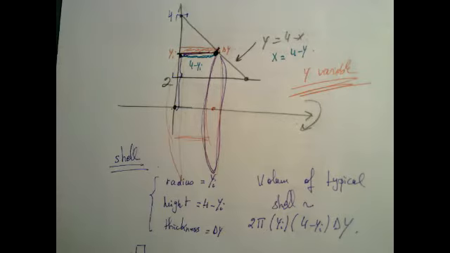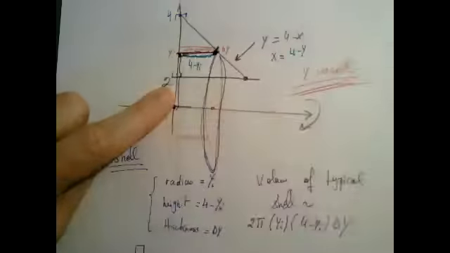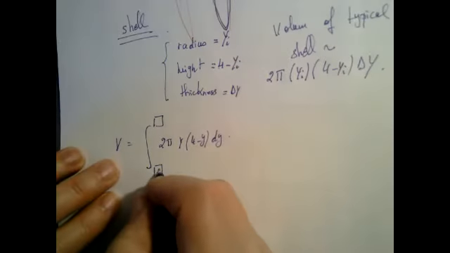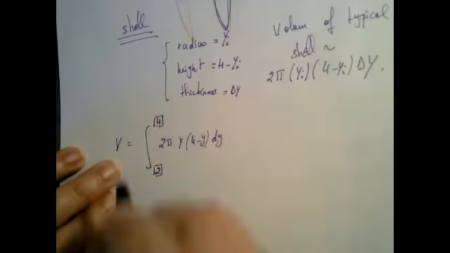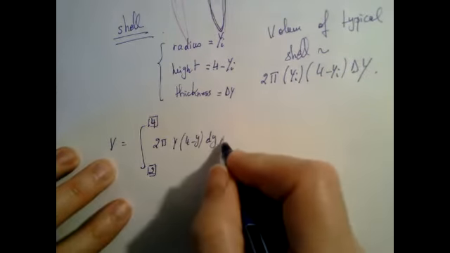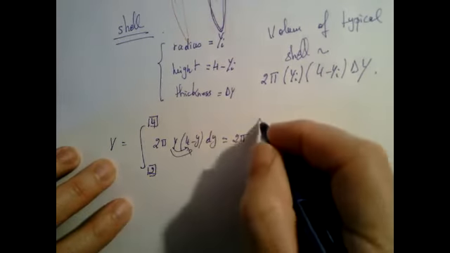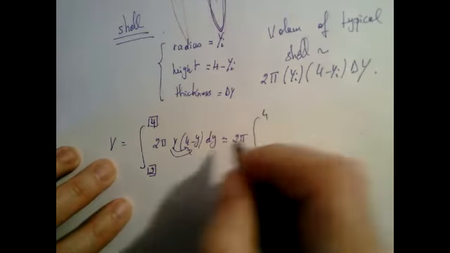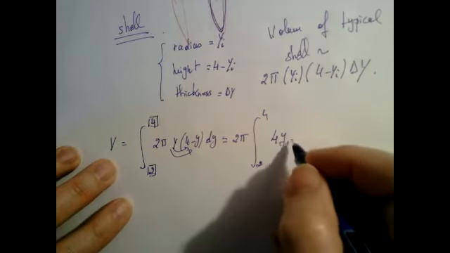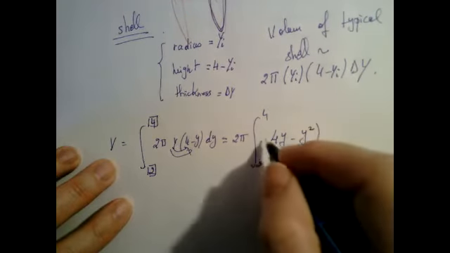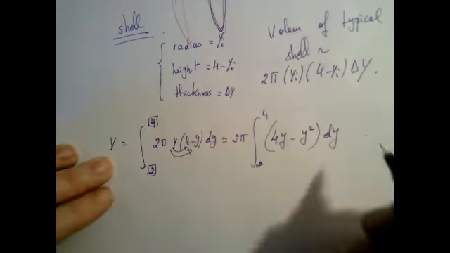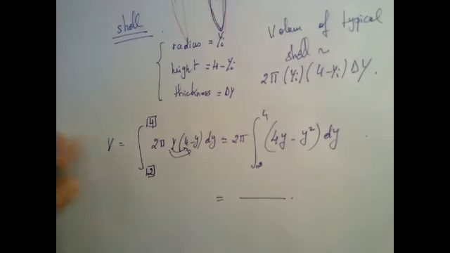It's so quiet. 2 to 4, absolutely. So that's the total setup. Now to evaluate, one way here is to distribute. And then the rest is easy. I will have the integral of 4y minus y squared dy. And the rest is simple.